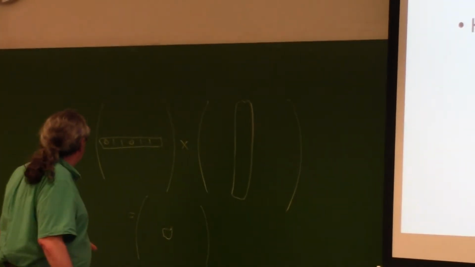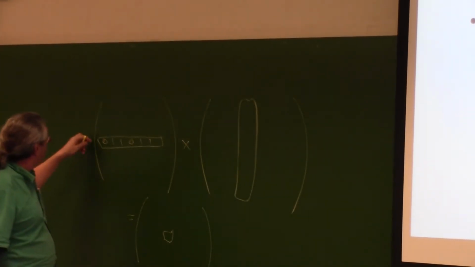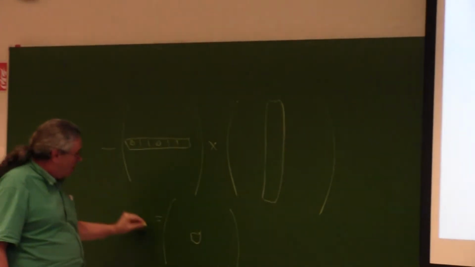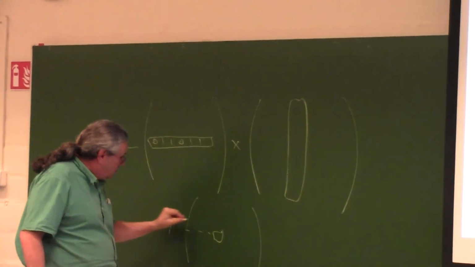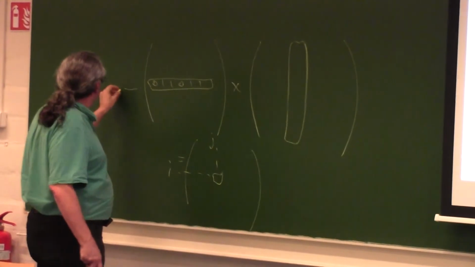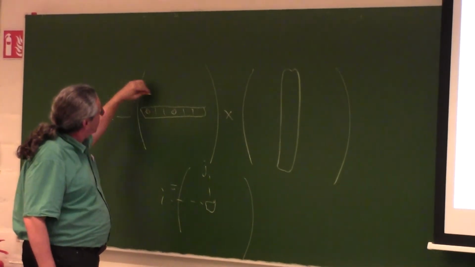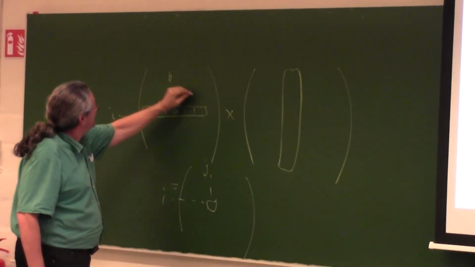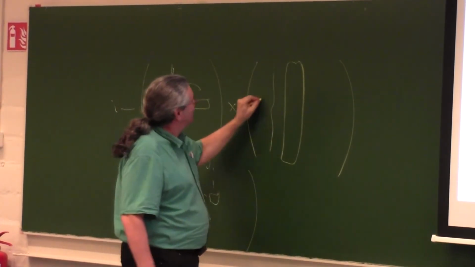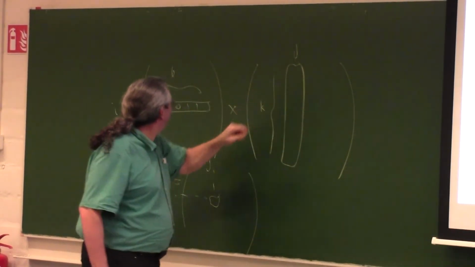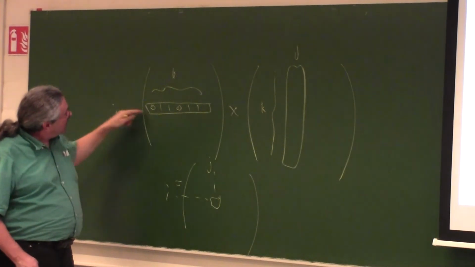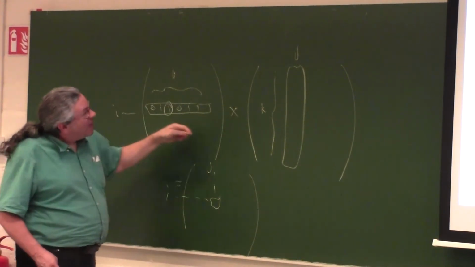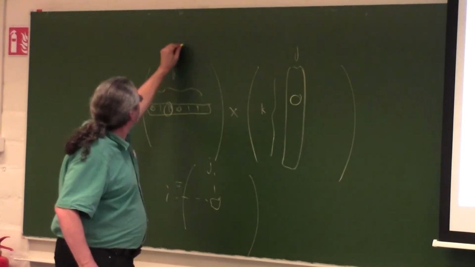Now, if there is a path, here I have ij, here I have i, and here I have k, the k's, and here I have k and j. I go from i to k, and then I go from k to j.